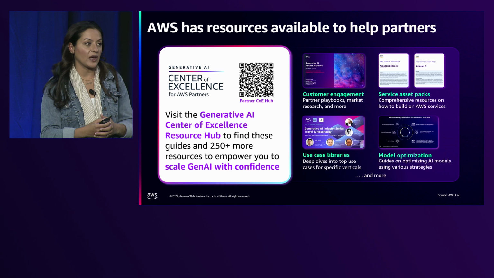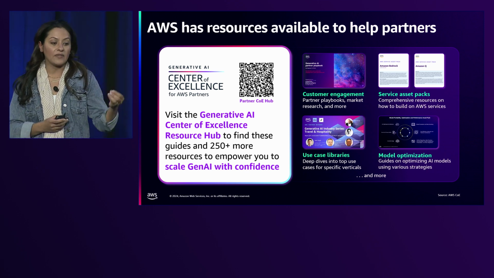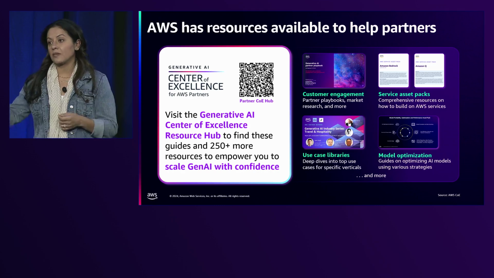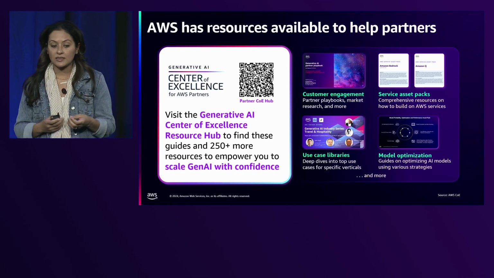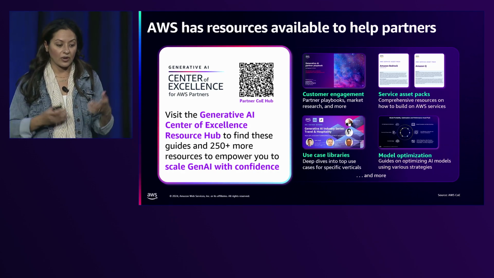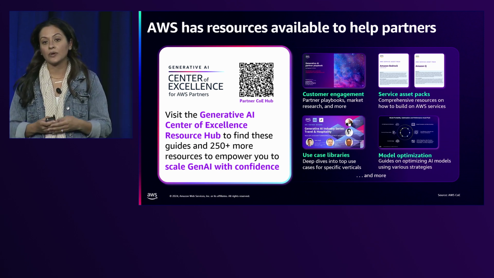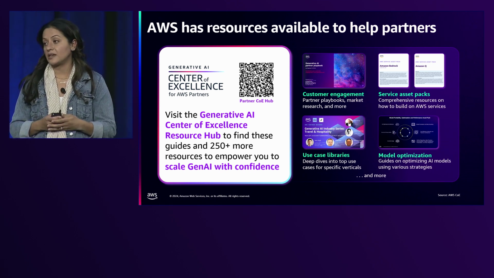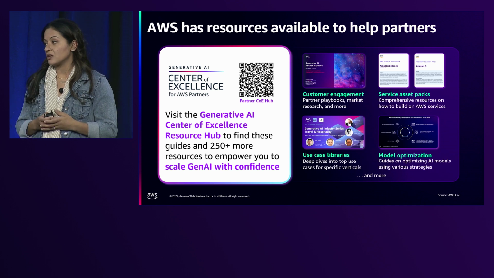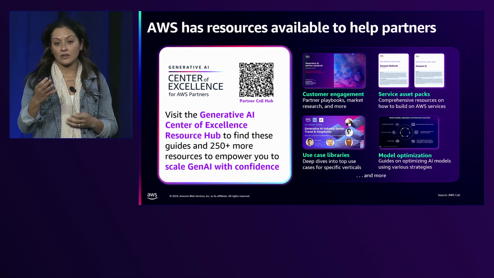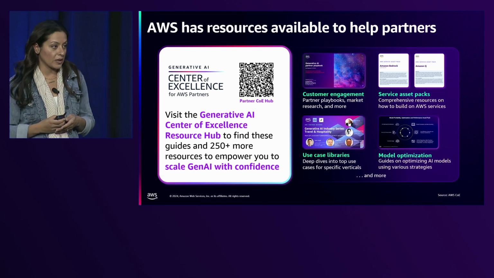And this is why they're highly valuable to our customers, because they are investing the time to make sure that they stay abreast of all the new announcements that come out, the new features, and the best practices. Also available in here for our AWS partners is a lot of the market research that we've referenced today. Every year, the Generative AI COE invests in researching and understanding customer adoption trends, both in the use cases they're prioritizing, their buying journey, and how they think about working with AWS partners.